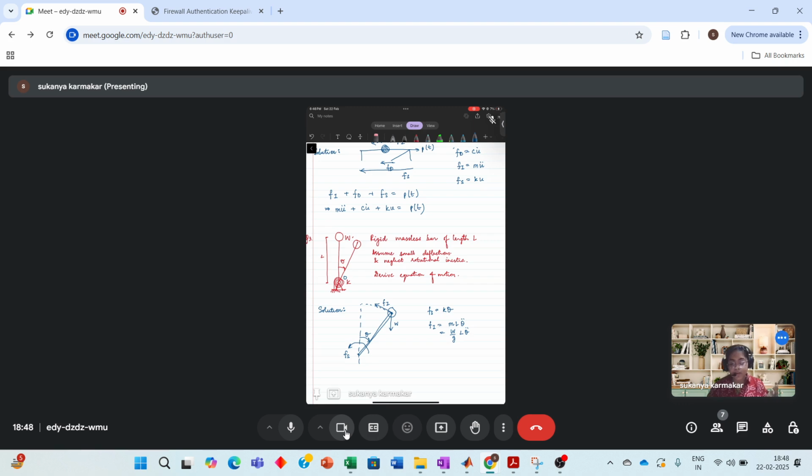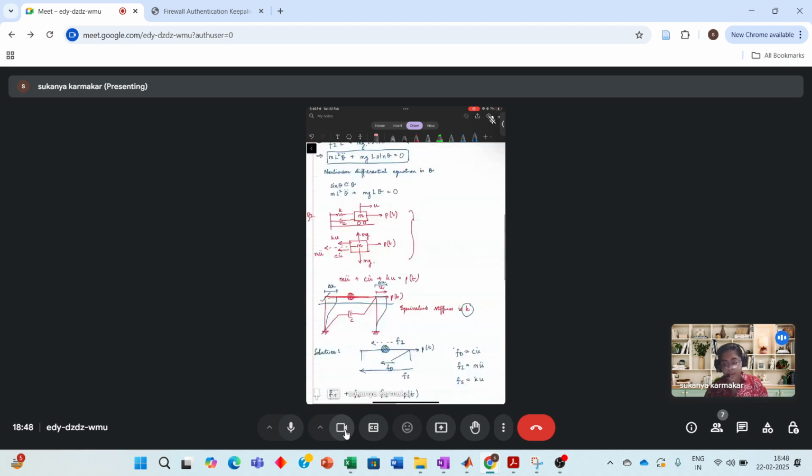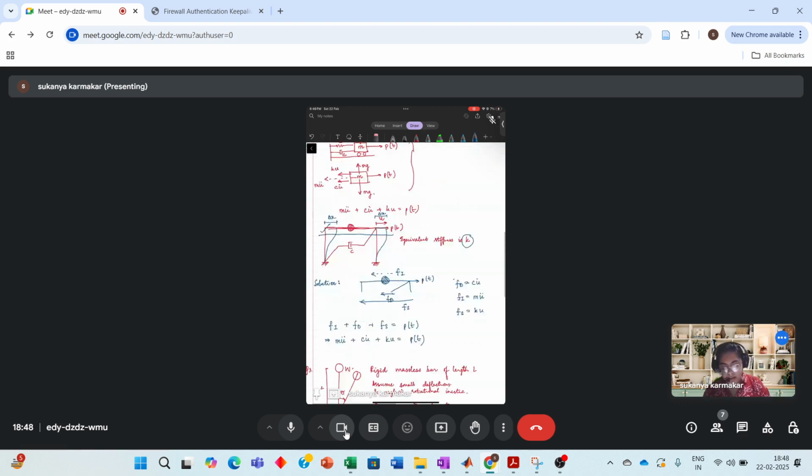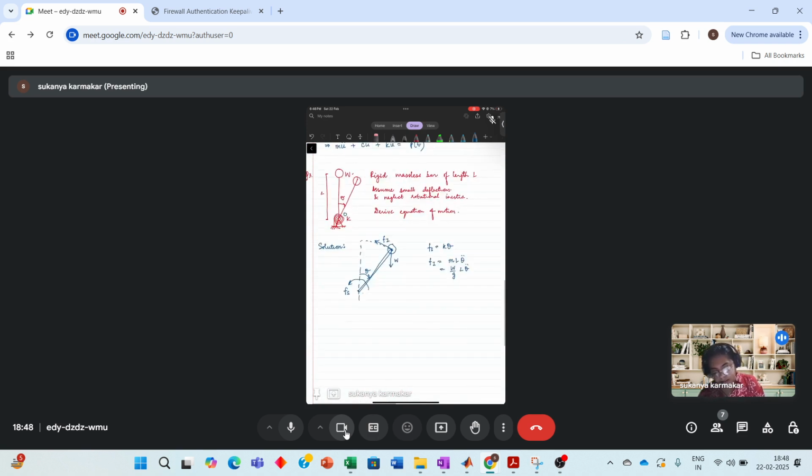Then what will you do? Similar to the pendulum question, let's take the moment about this point O. So summation of moment about point O is 0. And let's take anti-clockwise direction to be positive.